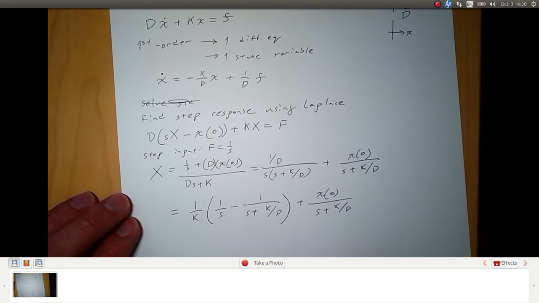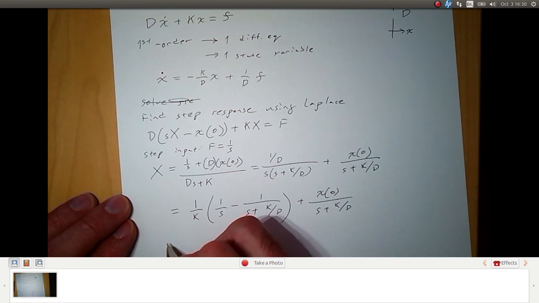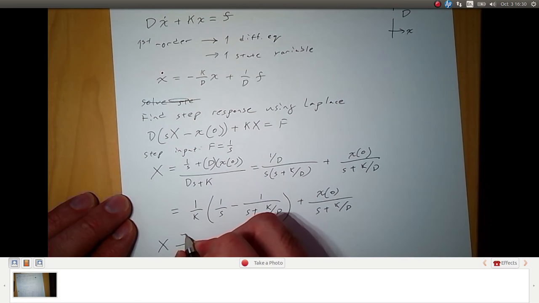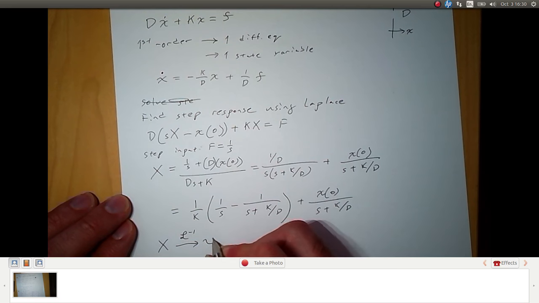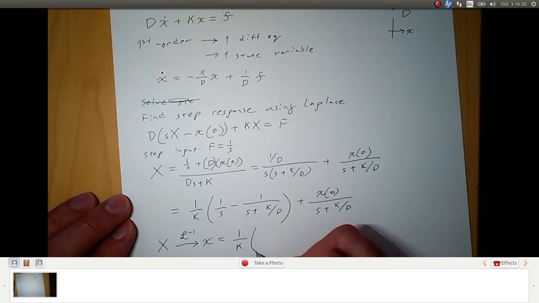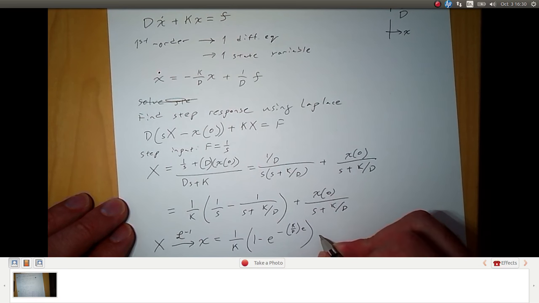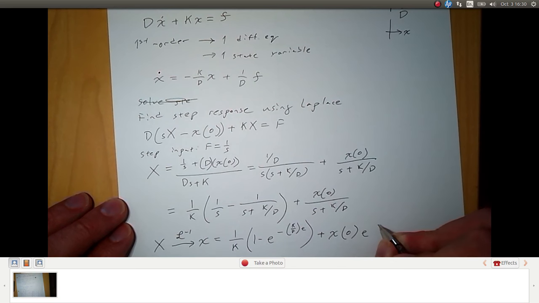And now, if we take the inverse Laplace transform of X, that'll give us x of t, and this ends up being one over k times 1 minus exponential of negative k over d times t, plus the initial value for the position times that same exponential.